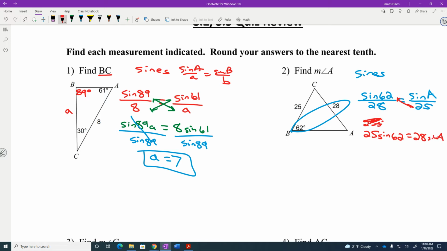Now, anytime you're asked to find an angle, you're going to end up using the inverse. So we're going to divide first by 28, and then we'll take the inverse.